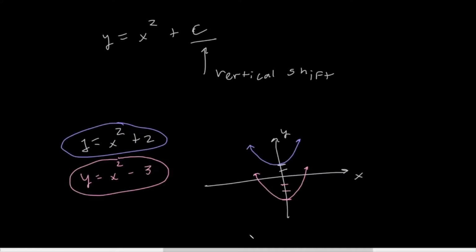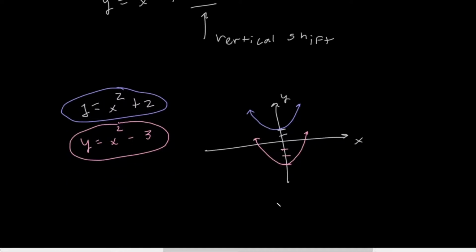Okay. So, there's also something else. There's a way to shift this parabola horizontally as well. I won't go into exactly how this works, but we showed that if you add a number on the outside, this is vertical shift. Let me compare two graphs.